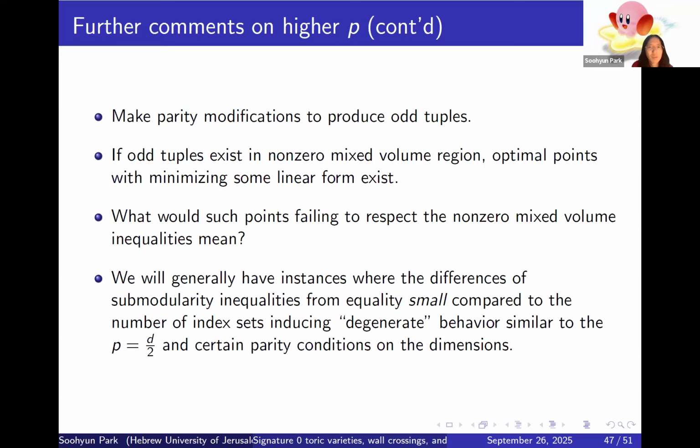So these are linear subspace containments and certain parity conditions on the dimensions. Basically we're saying that we're not very far from the kind of linear dependence induced by equality cases of modularity inequalities. It's a little complicated, but it gives an idea of what information the other monomials tell us.